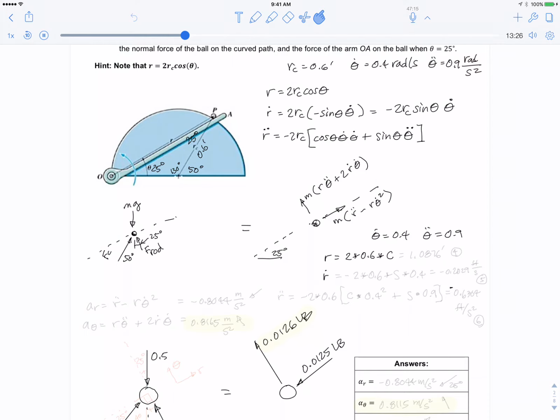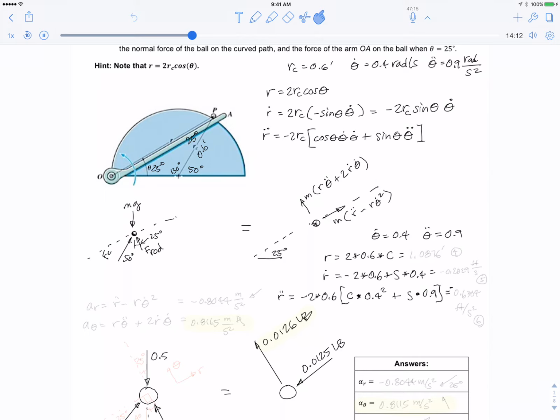R dot is minus 2 times rc, 0.6, times sine times theta dot, which is 0.4, and r double dot is minus 2 times RC, which is 0.6, times cosine times theta dot squared, which is 0.4 squared, plus sine times theta double dot, which is 0.9.